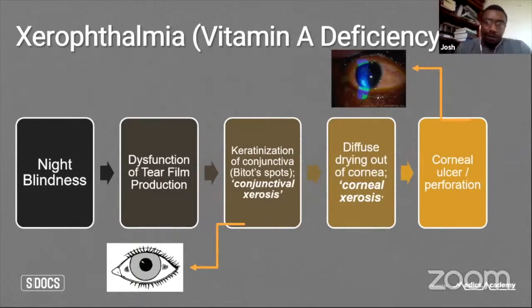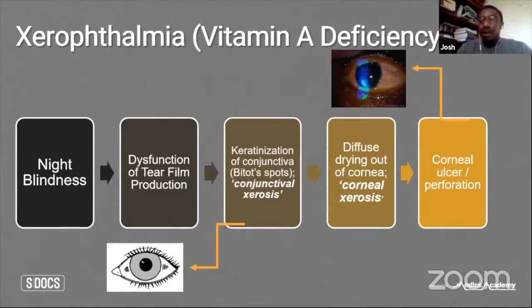You might get keratinization of the conjunctiva, known as Bitot's spots or conjunctival xerosis, which this image is showing here. It's in the equator of the eye, so those are Bitot's spots. And after that, you might get even more severe effects, the diffuse drying out of the cornea, corneal xerosis. And as those of you who will have had ophthalmology placements or are going to have ophthalmology placements, you'll find out that once you dry the cornea out, you're removing one of its main protective factors.